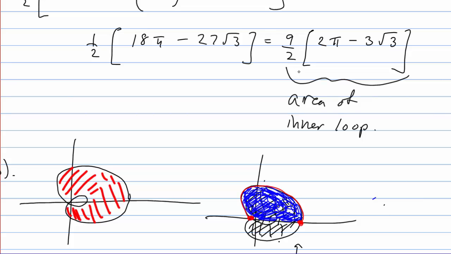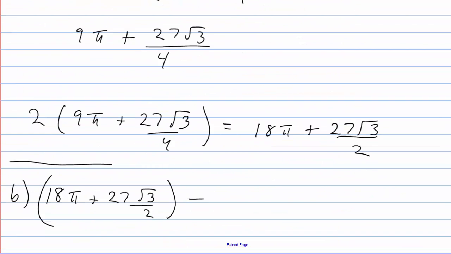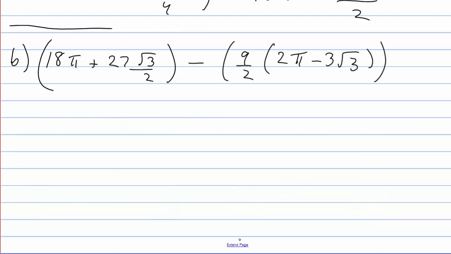So this was 9/2 times 2 pi minus 3 radical 3. So 9/2 times 2 pi minus 3 radical 3. And let's see what we can do with this. So we'd have 18 pi plus 27 radical 3 over 2.